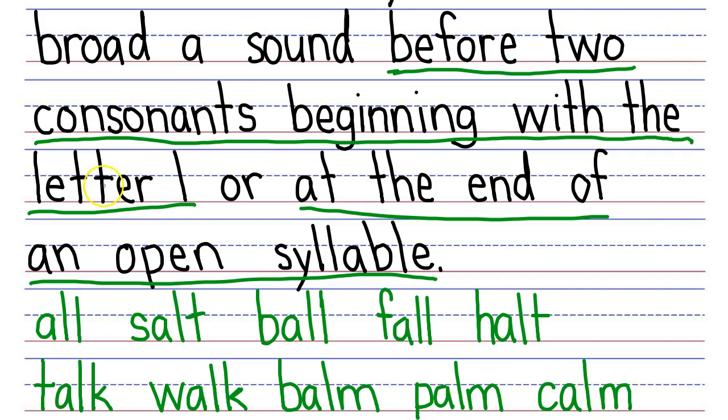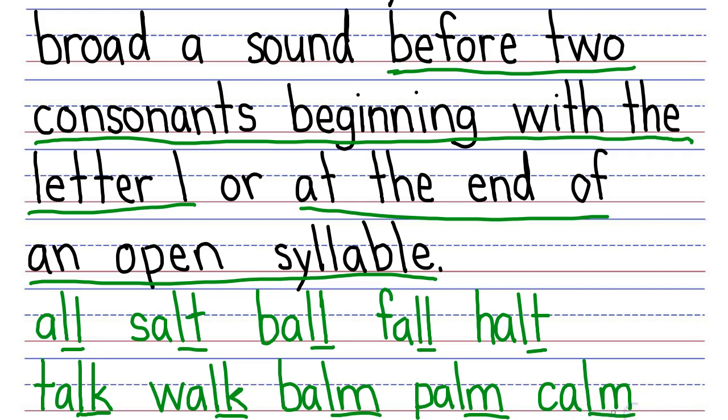Now you'll notice these are all two consonants beginning with L. You've got some definite patterns in the pairs here. You've got the double L, the LT, the LK, and the LM.